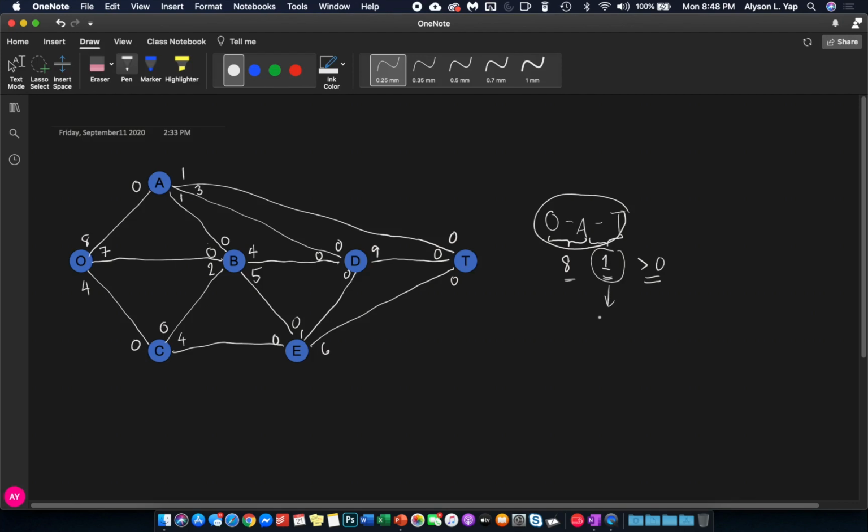So this is technically the capacity of OAT at this particular point in time. Obviously, if things move eventually, then the capacity of OAT might change. But at this point in time, where the capacity of OA is 8 and the capacity of AT is 1, then the capacity of OAT is 1.